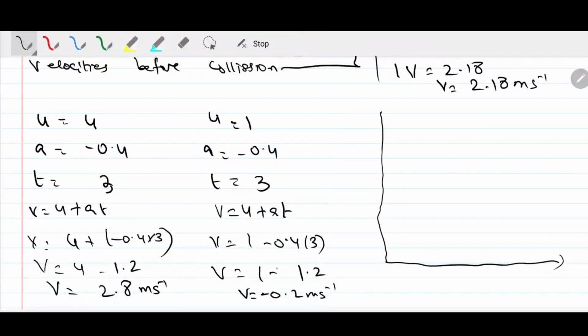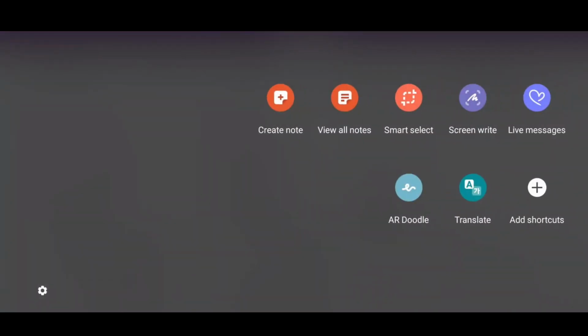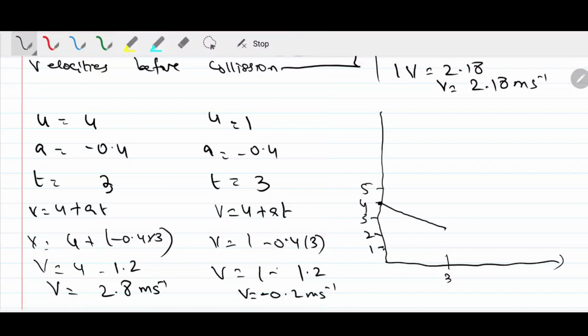So the velocity-time graph of the two particles will be from 4 meters per second. This particle is going to a speed of 2.8 meters per second in 3 seconds. And this particle is going from 1 meter per second to minus 0.2 meters per second in 3 seconds.